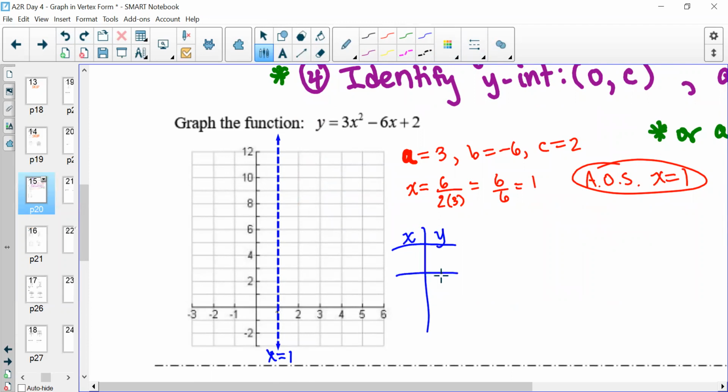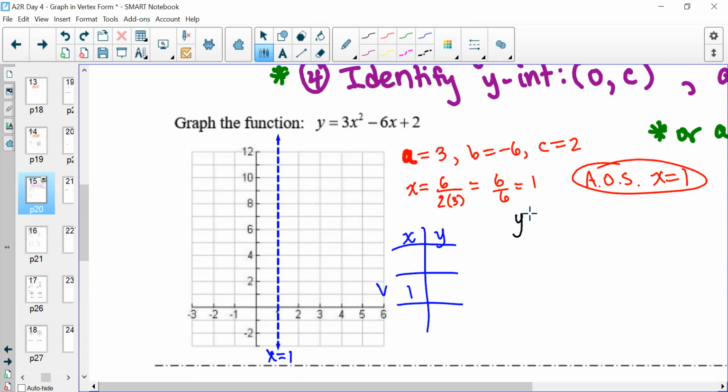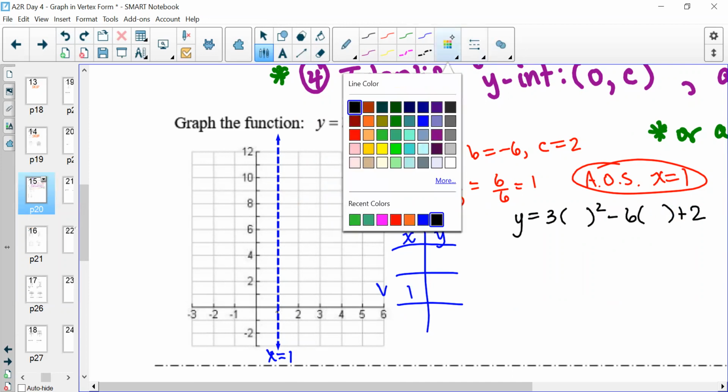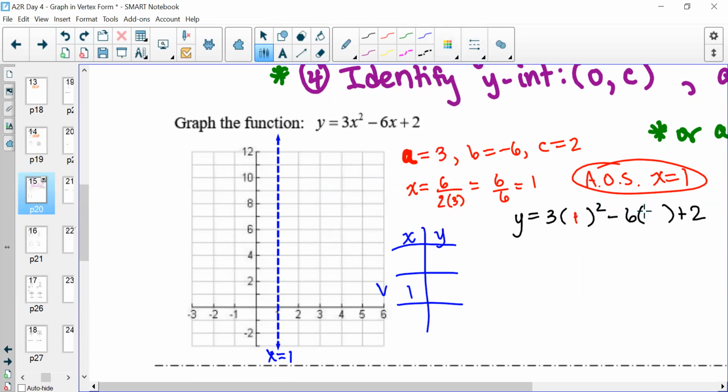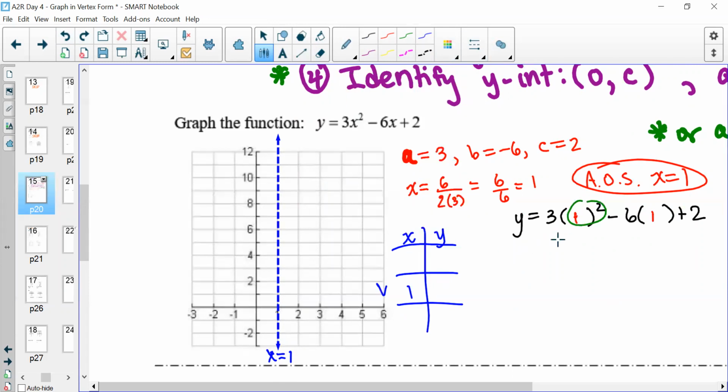Once again, I will use my vertex right here. I know my vertex is 1 comma something. So what I'm going to do is I'm going to take my equation and I'm going to put just parentheses, so I can put the 1 in for x, and then I can figure out what it is. Once again, I am going to follow the order of operations. So 1 squared is just 1.